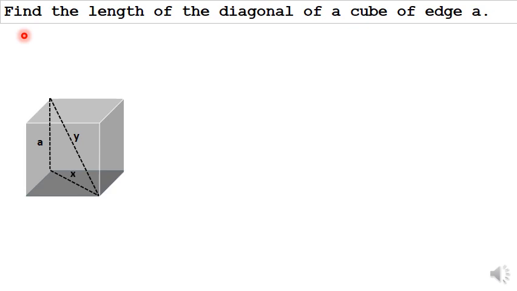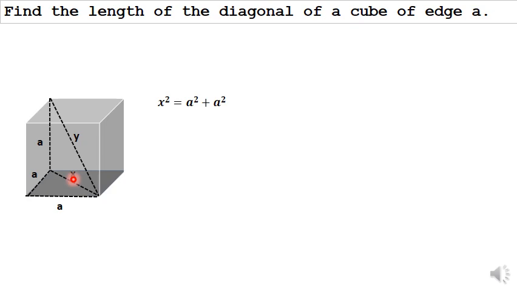Now, what we have is a right triangle, where we can compute the value of y using the Pythagorean formula. What is given here is only a, meaning x is not known, so we cannot determine y unless we know the value of x. So we need to first calculate the value of x. The value of x may be determined from another right triangle, which is the base of this solid.